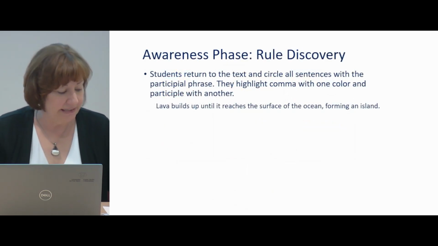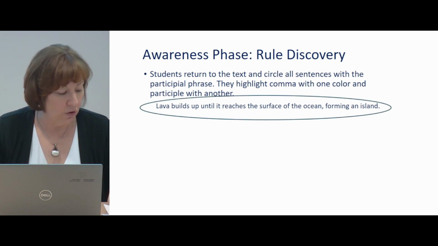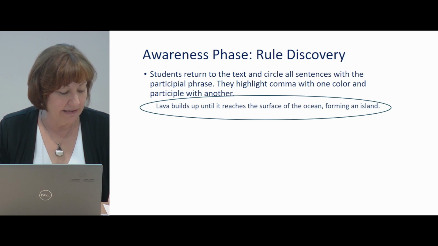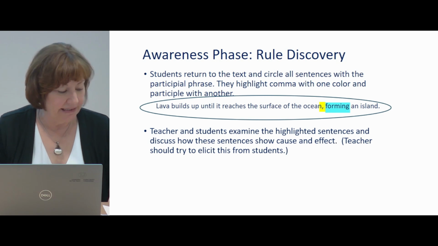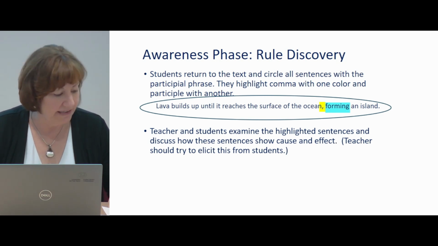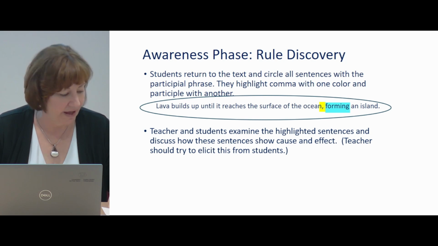The awareness phase continues, and the students go back to the text that was modified, and they circle all of the sentences that have that participial phrase. They highlight the comma with one color, and then the ing word with another color, and they examine those highlighted sentences together and have a brief conversation about how these sentences show cause and effect.